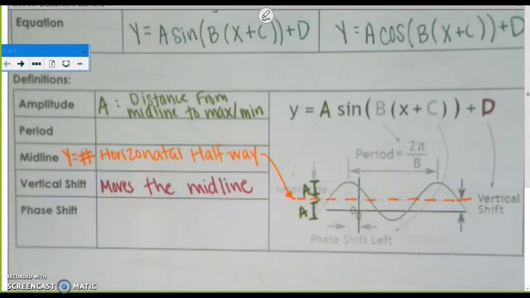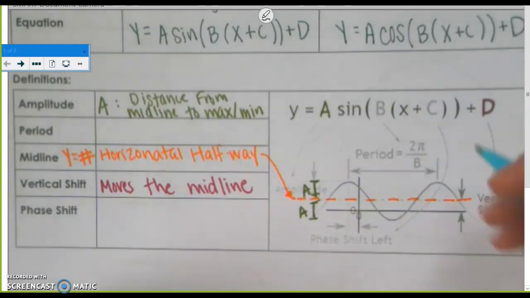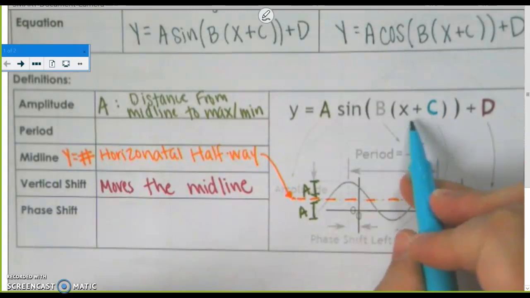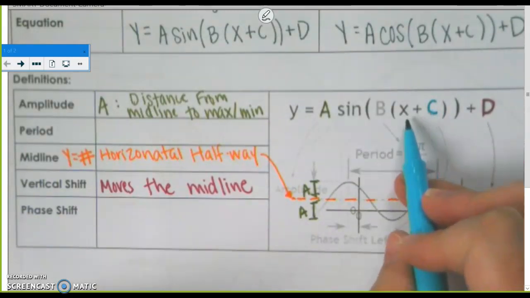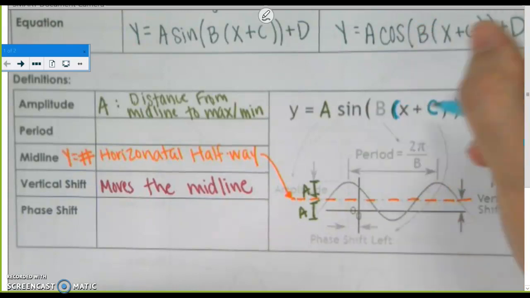So when it asks you for the equation, all right, your phase shift is the number that's in parentheses with the x. Now I want you to notice very carefully that x has nothing in front of it. The B is on the outside.